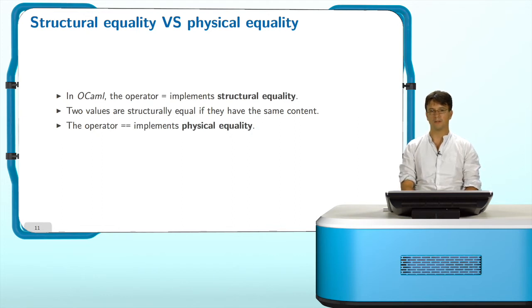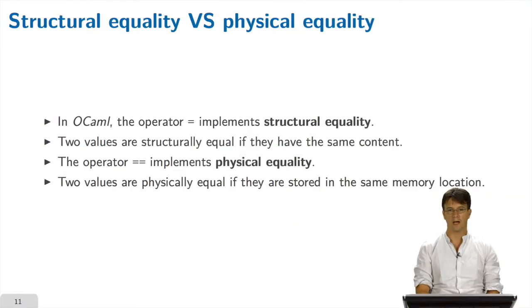Now the operator double equals implements what is called physical equality. 2 values are physically equal if they are stored at the same place in memory. So it means that the 2 pointers are in fact equal.